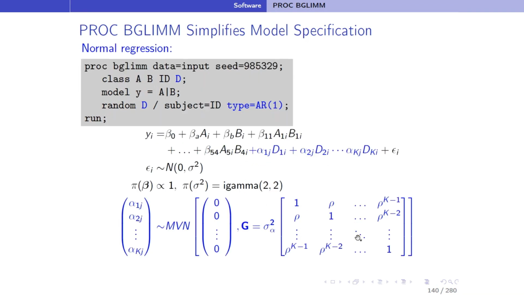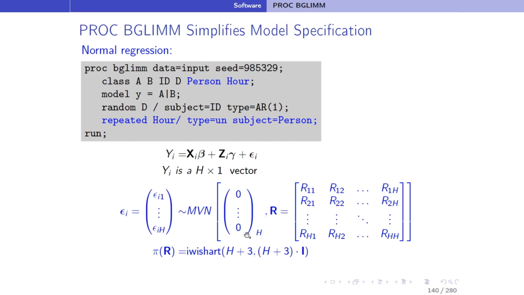If the random intercept model has another class variable D, you can just change the random statement to include D, and this becomes multi-dimensional random effects that have an AR1 structure for the G covariance matrix.